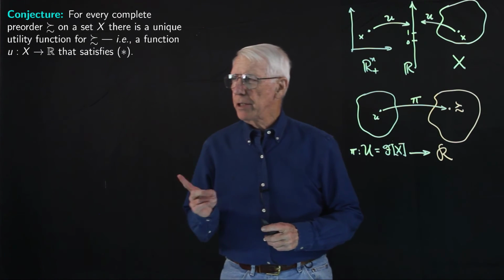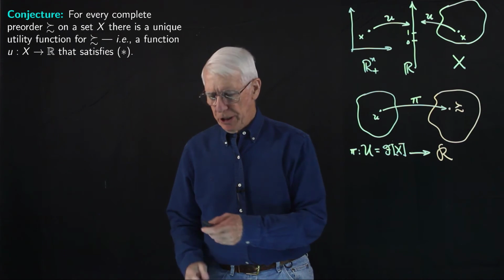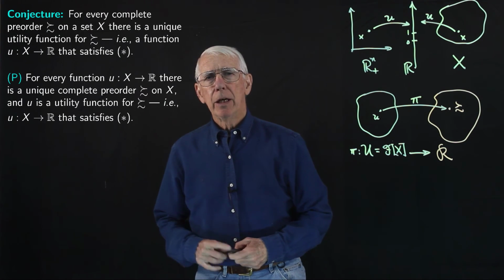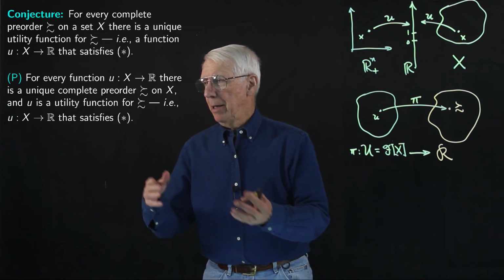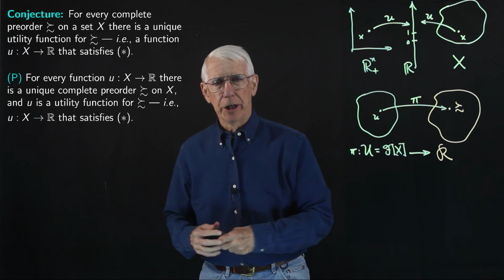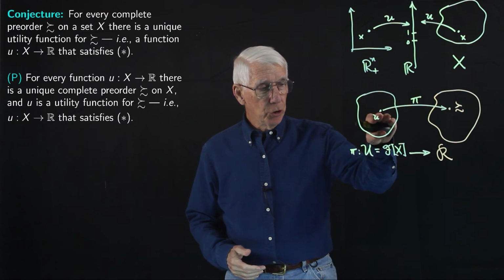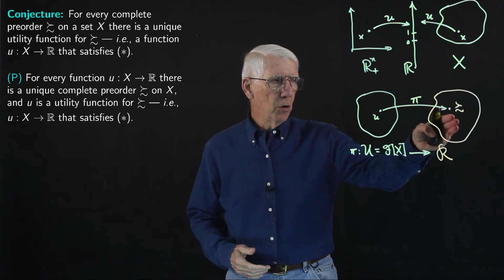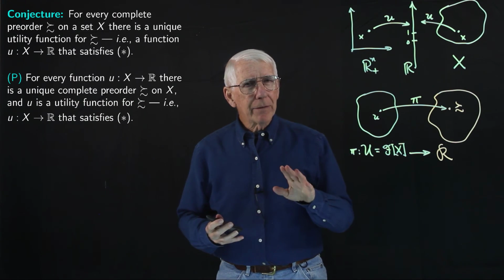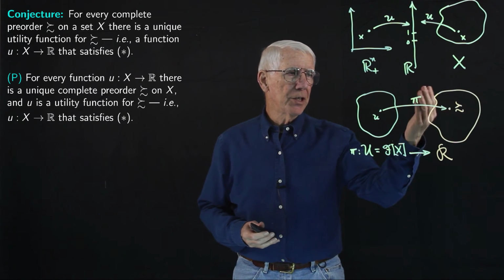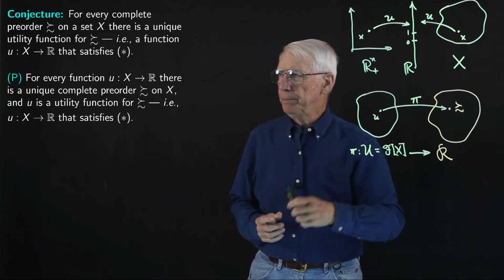Now notice that this conjecture is a kind of converse to that proposition P that we started with, the proposition that actually was a remark from a couple of lectures earlier, that tells us that for every real valued function u, we're going to get a complete preorder. And so this conjecture is the converse in the sense that it says for any preorder we can get a real valued function.